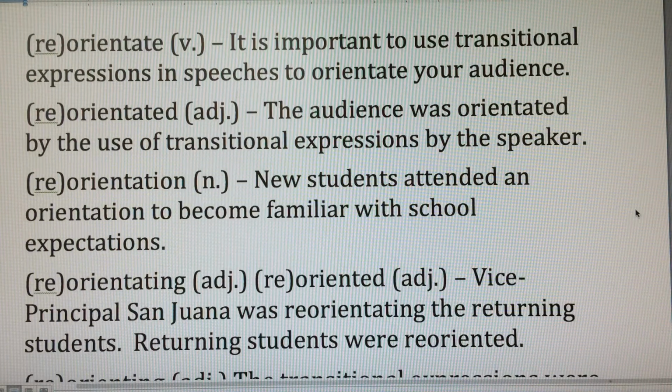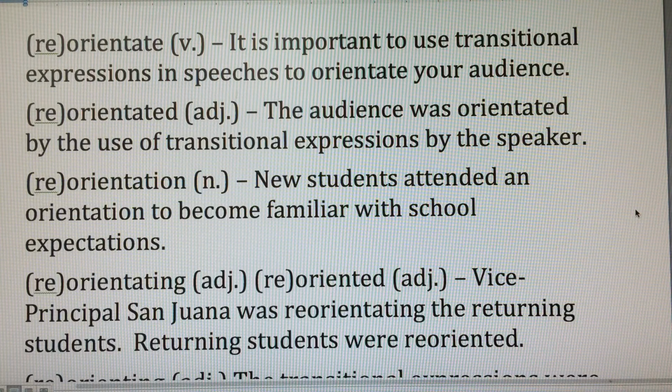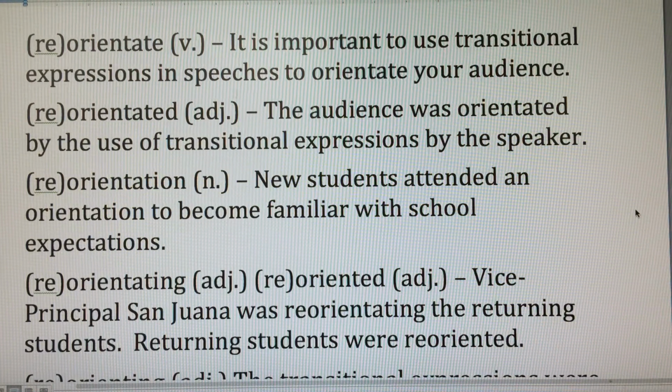You can say, it is important to use transitional expressions in speeches to orientate your audience. The audience was orientated by the use of transitional expressions by the speaker. That's an adjective use. Orientation. New students attended an orientation to become familiar with school expectations. So that's an event where we orientate.